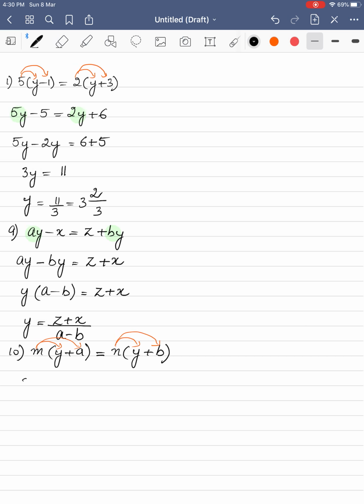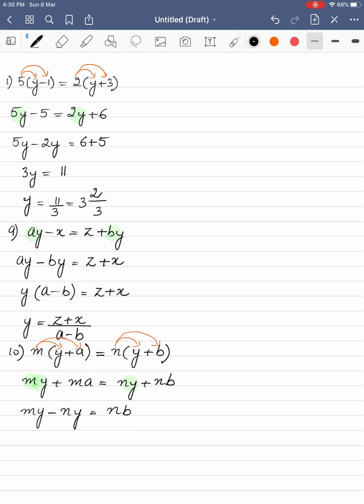So we have my + ma = ny + nb. Now, since y has to be the subject of formula, we observe that y is scattered on both the sides and we bring it on one side.